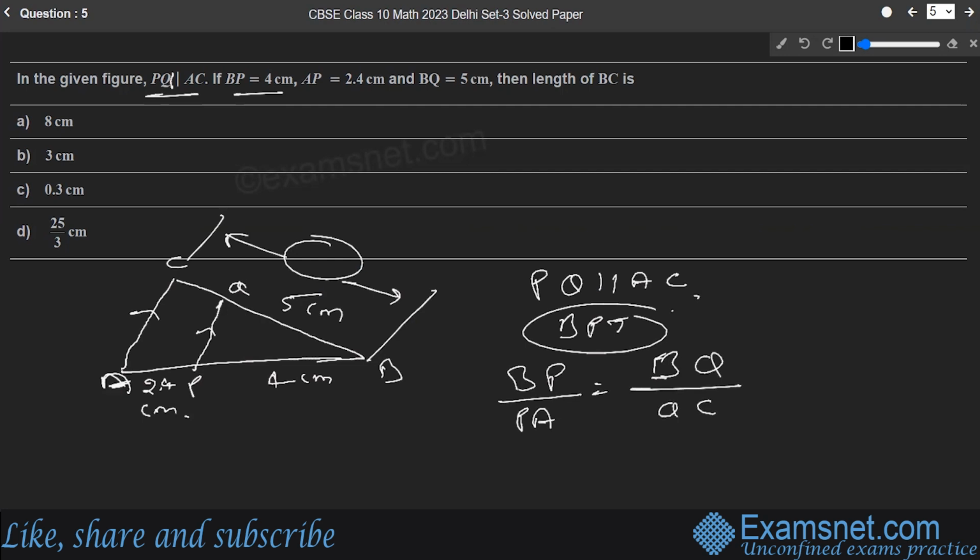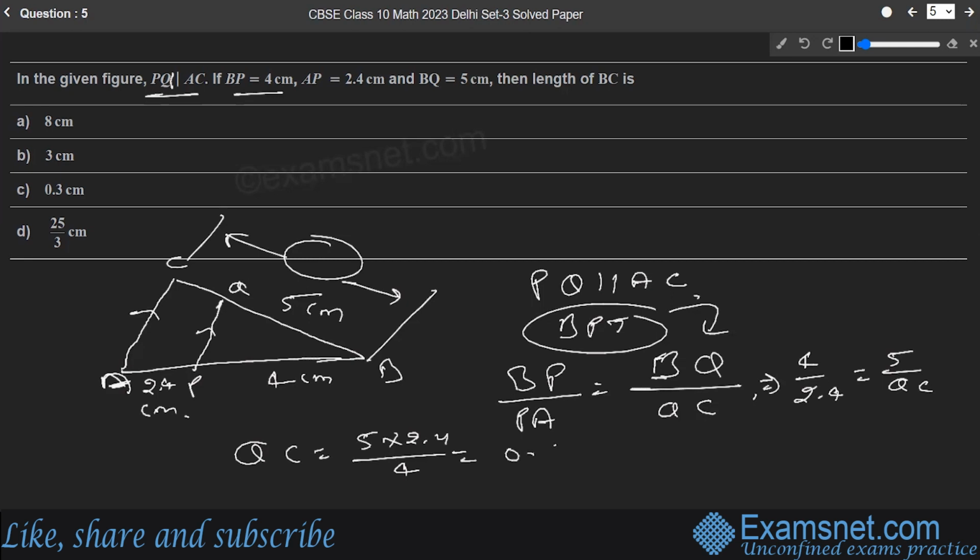Okay, this is how we can conclude using the basic proportionality theorem, and we know the value of most of them. So let us use the values. We get 4 by 2.4 is equal to 5 by QC. So the QC value comes out to be 5 into 2.4 divided by 4, which is 0.6 centimeter into 5, that is 3 centimeters. So QC comes out to be 3 centimeters.